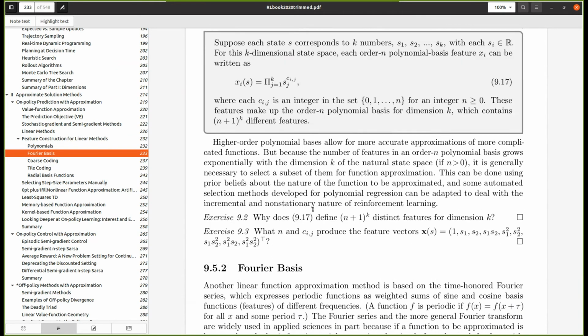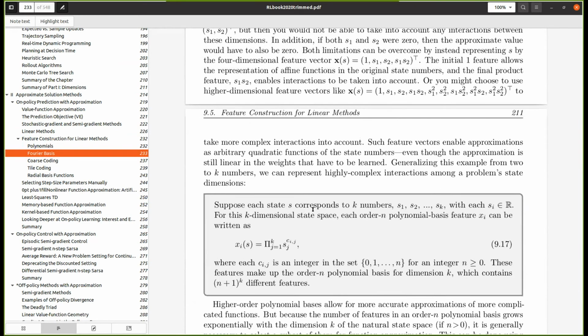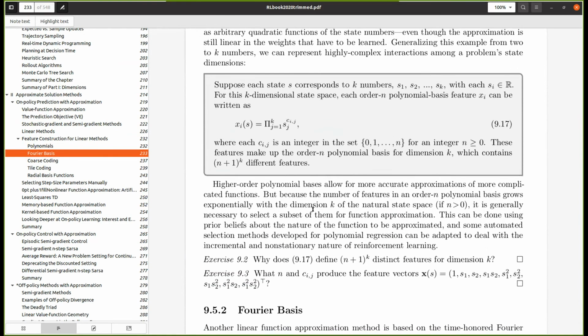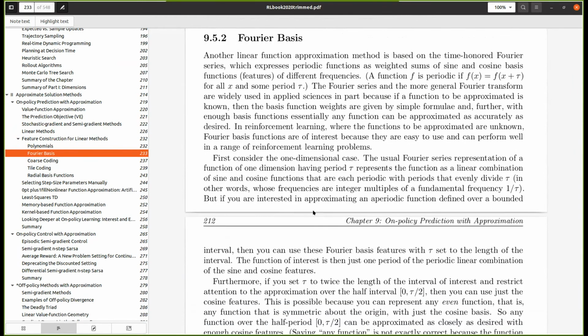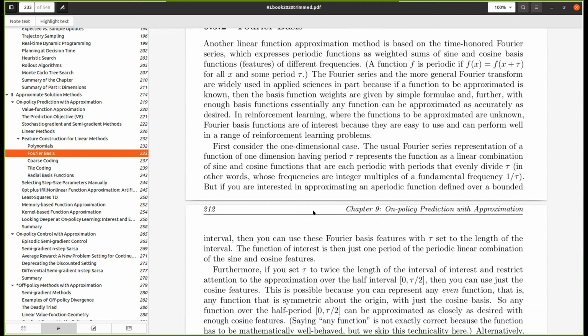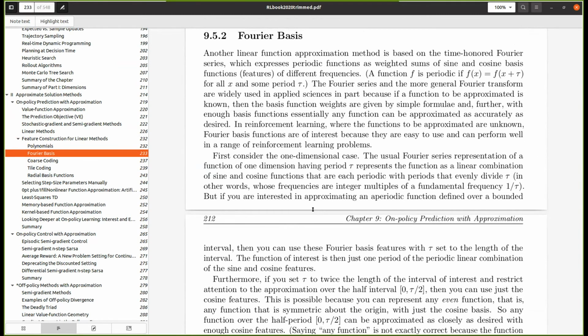Okay, so the polynomial feature choice is simple and well studied, but it's not always the best choice. Another popular alternative to it would be the Fourier basis.